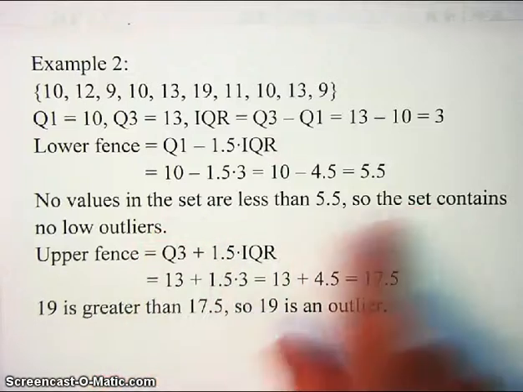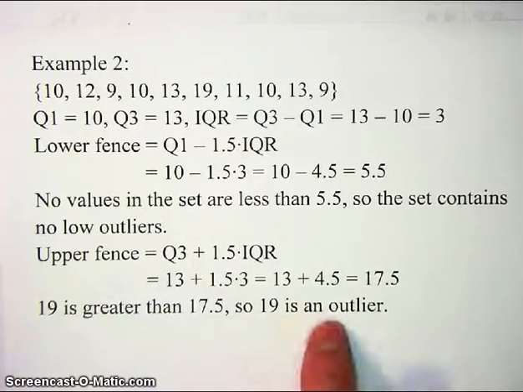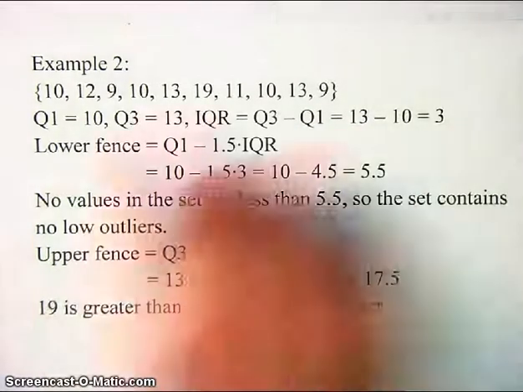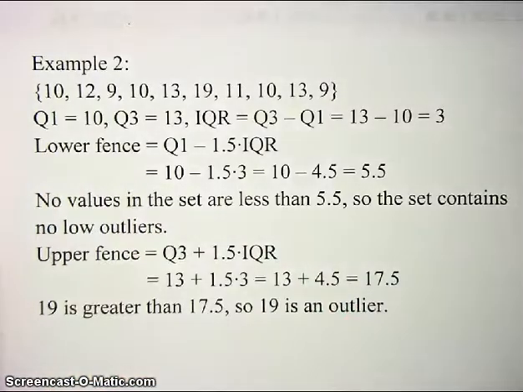So here your judgment is that there are no low outliers, but there is a high outlier of 19. You have to connect all the dots when you're doing this, and on your exam, if you fail to connect the dots, they'll probably mark you down for poor communication, and that's something you don't want to have to deal with. Okay? You should get all the points that your knowledge would allow you to. So make sure you have this communication in a format like that, and you'll be all right.